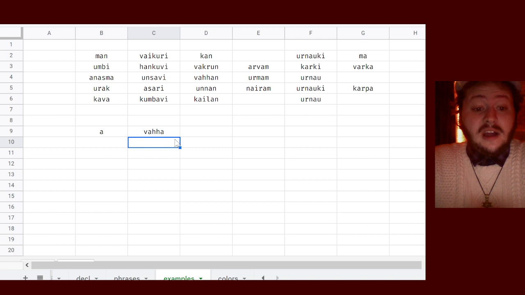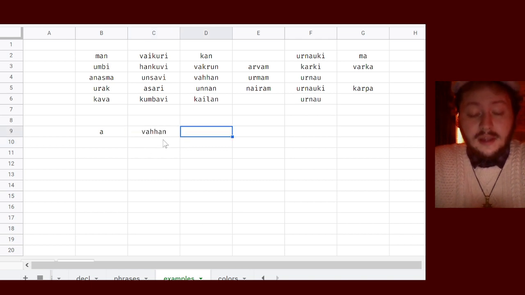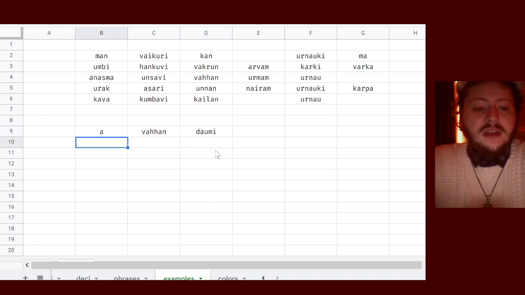And that's the direct object, so that's actually going to need to be in the accusative case. So that's going to be vahan. And then make is thauki, and the first person singular is thaumi. So a vahan thaumi. And because the me is here, the a is actually kind of optional. So you could just say vahan thaumi, and it's clear that you're saying I make bread.